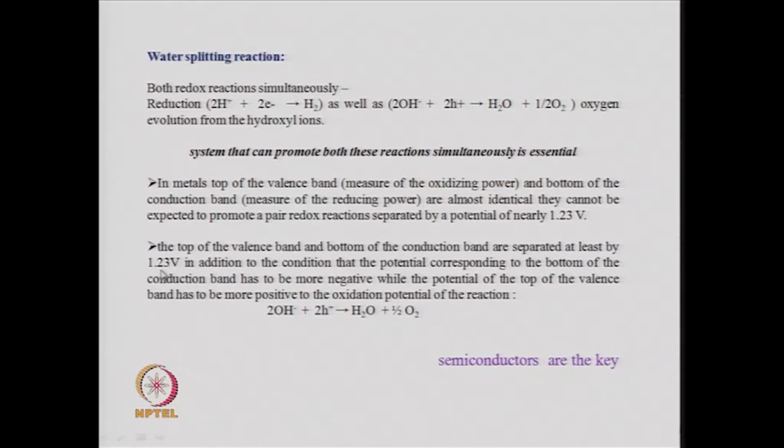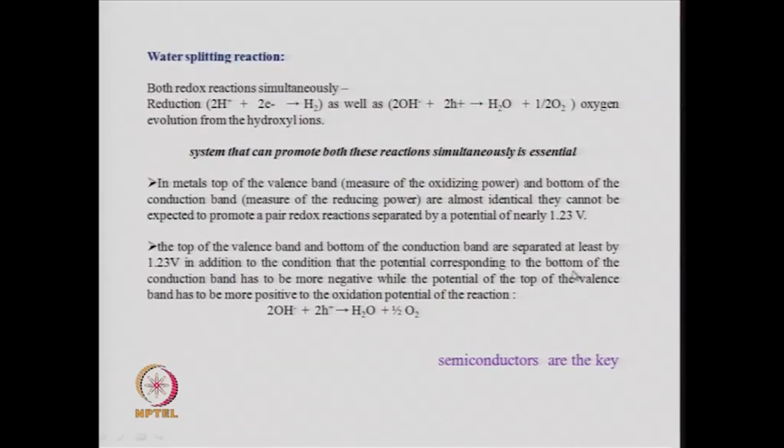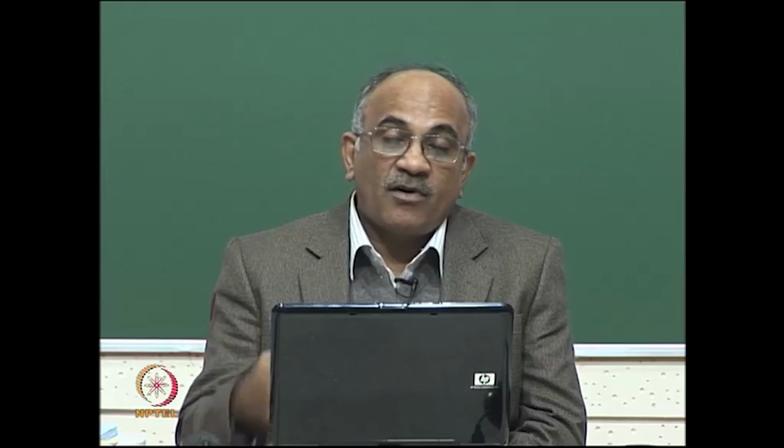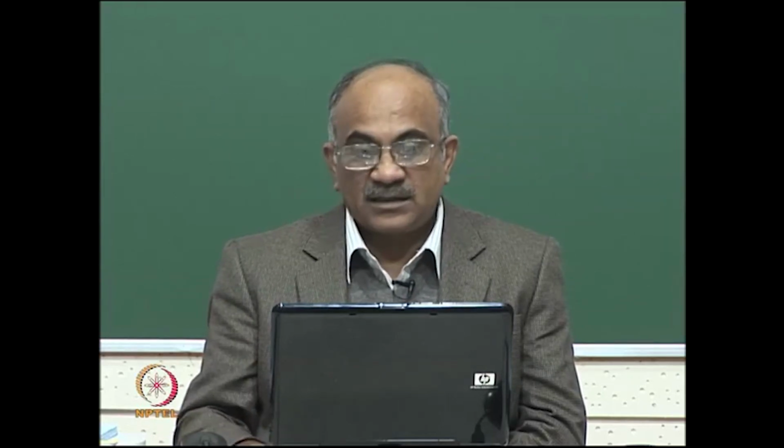So not only must you have this 1.23 volts gap at least between the conduction band and the valence band of the semiconductor, but it is also necessary that the potential corresponding to the bottom of the conduction band be more negative, while the potential of the top of the valence band has to be more positive compared to the oxidation potential of this reaction. So, these are some key factors to choose semiconductors which can act as photocatalysts for water splitting reactions.